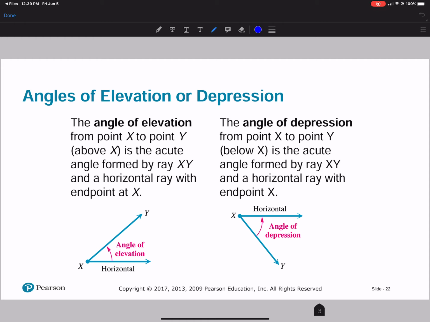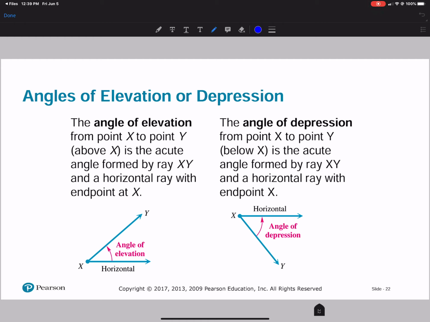So, talking about angle of elevation and angle of depression. The way you want to look at this, they both are the same, but one is elevating, one is depressing. The angle of elevation is the angle from point X to Y above X, an acute angle.